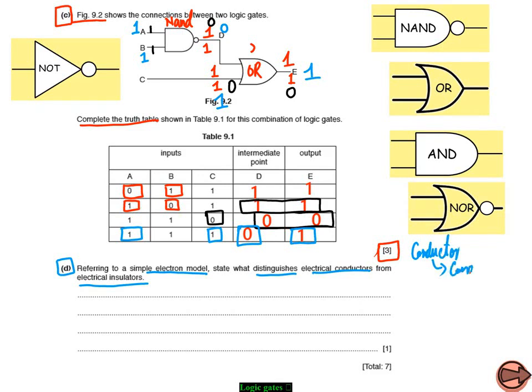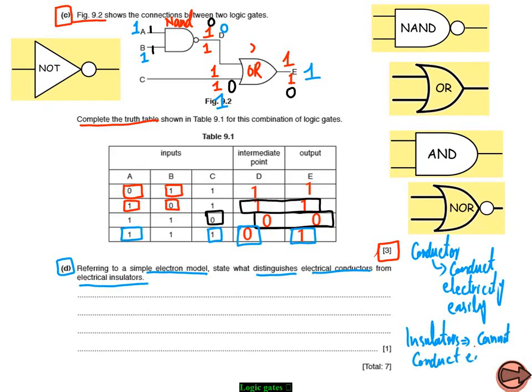This is the first piece of information we need to understand. The next one is insulators. That is just the opposite. Insulators cannot conduct electricity easily.